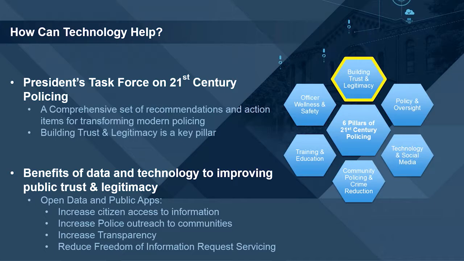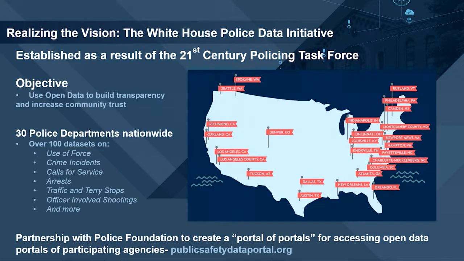But to realize this vision, the White House decided to create the Police Data Initiative, or PDI. This was created in May of 2015, and the objective of the PDI was to use open data to build transparency and increase community trust by releasing information to the public about use of force, crime incidents, calls for service, arrests, traffic and Terry stops, and officer-involved shootings.